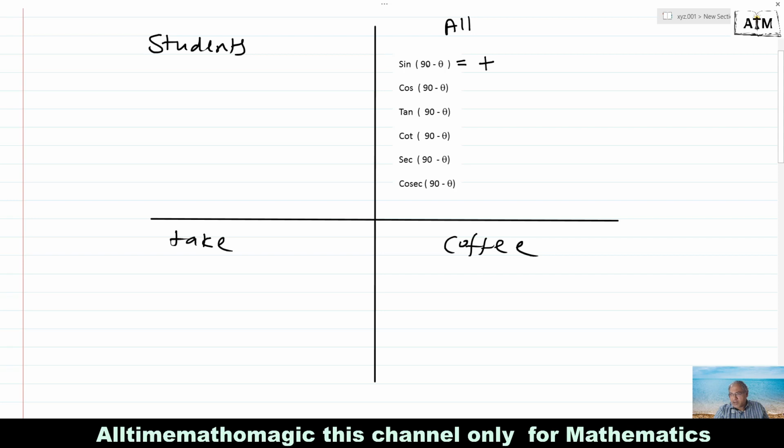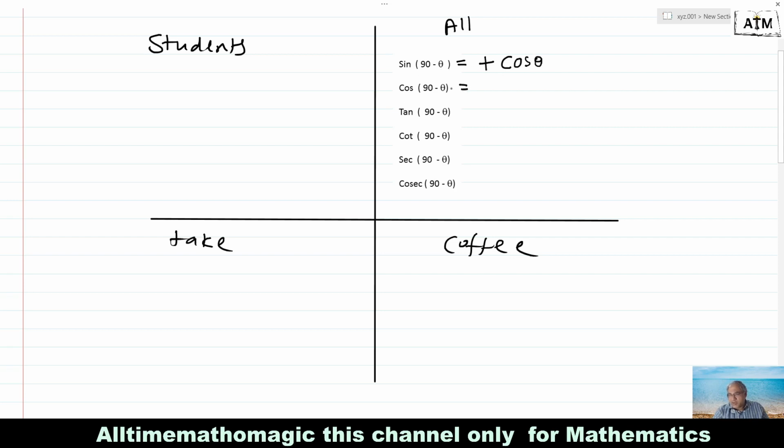What is the angle? 90. For 90 does conversion take place? Yes. The allied conversion is allowed for the 90 degree. What is the conversion for sin? Conversion for sin is cos. So write here the cos. What is the angle? Angle is theta. So write the angle theta here. Therefore, sin 90 minus theta equals to plus cos theta.